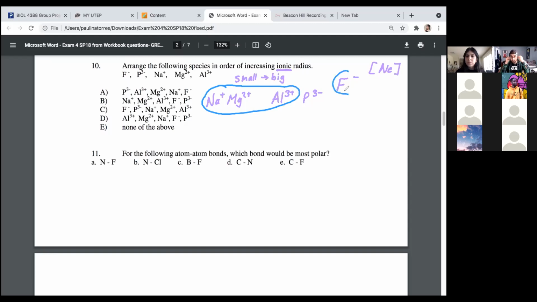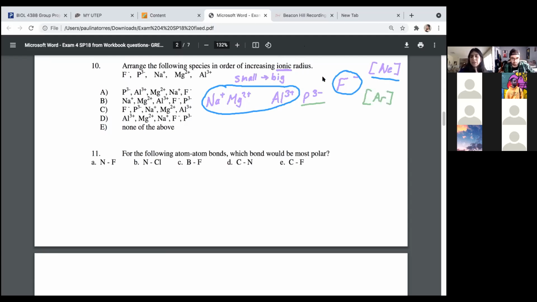So these four are isoelectronic with neon. And then phosphorus is going to be isoelectronic with which element? Argon? Yes. Argon. Okay. So now we can compare neon and argon essentially, right?